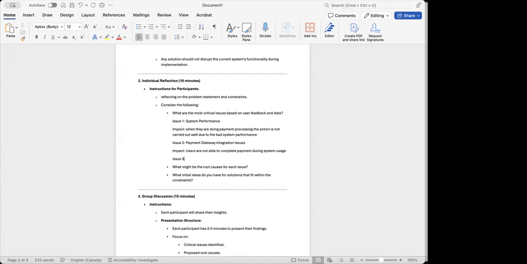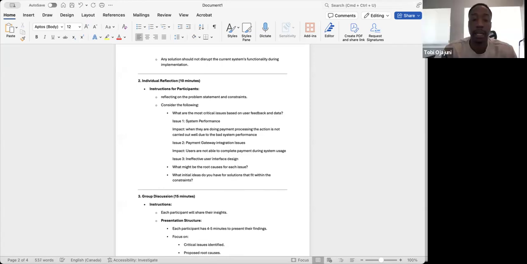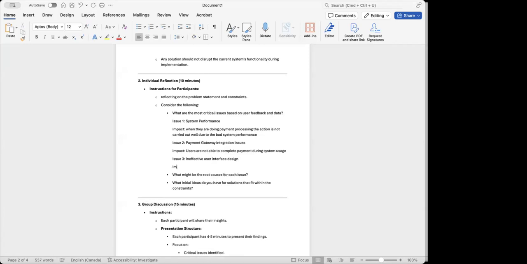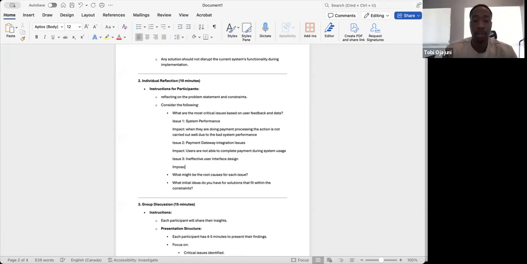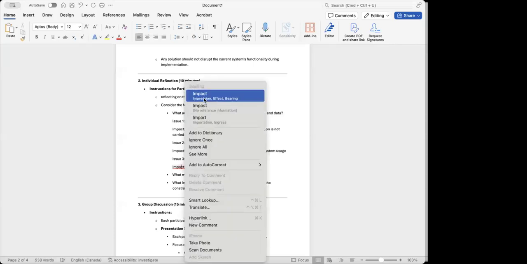The UX or the UI of the platform can hinder users from completing their tasks effectively. Okay, so ineffective user interface design. Yeah. Okay. And then what you said was that the system is not user friendly, so when the users go on the system, they're not able to really navigate. Yeah. Okay.